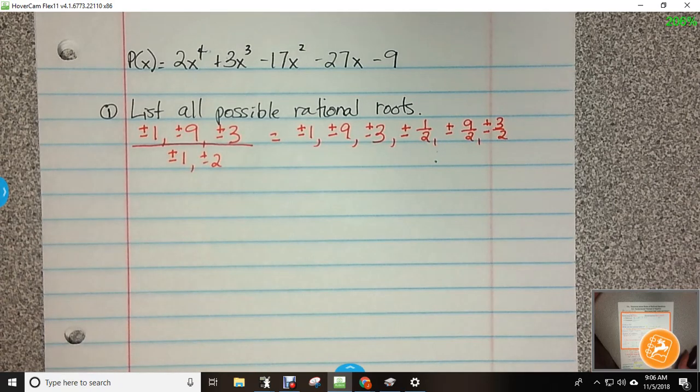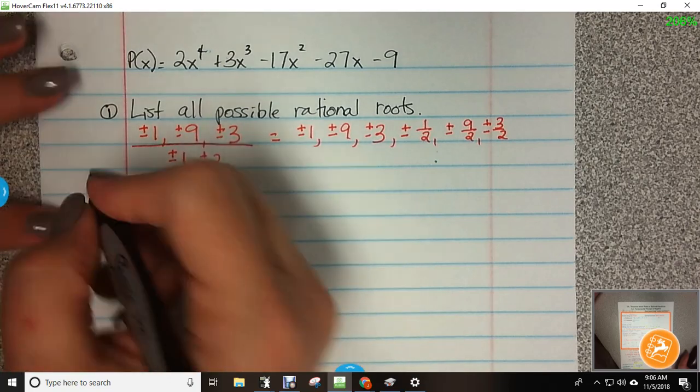So step 2 on our list was to use Descartes.